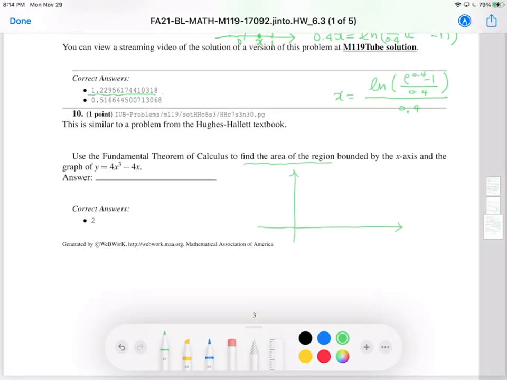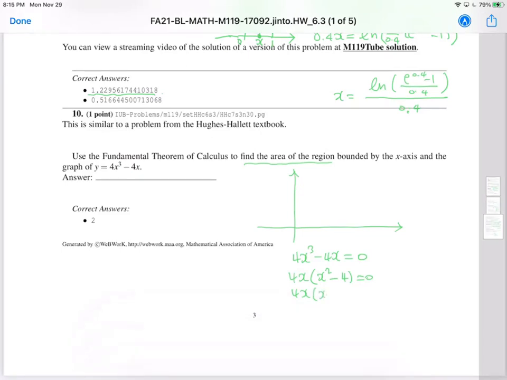So let's find the intersection points on the x-axis. So set 4x cubed minus 4x equal to 0. Then solve for x squared minus 4 equals 0. Then for x plus 2, x minus 2 equals 0.